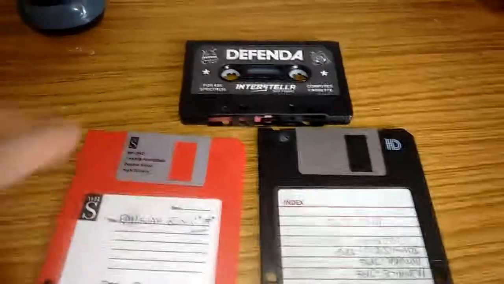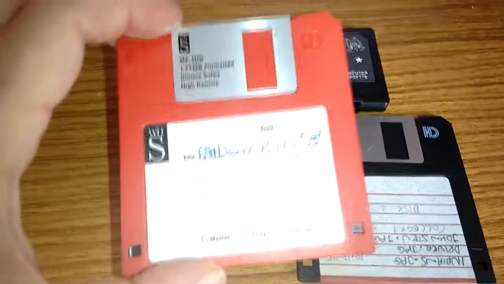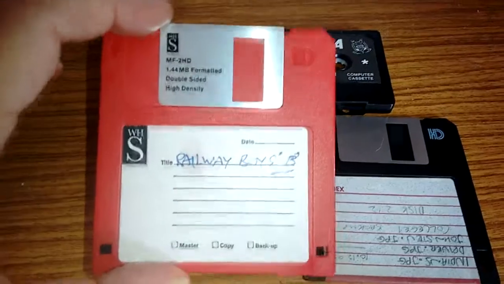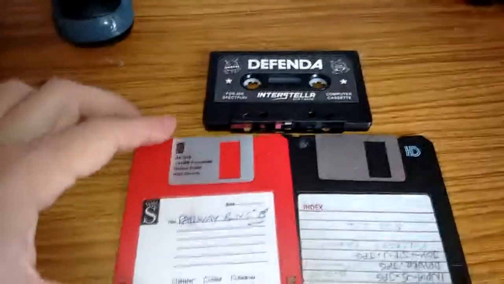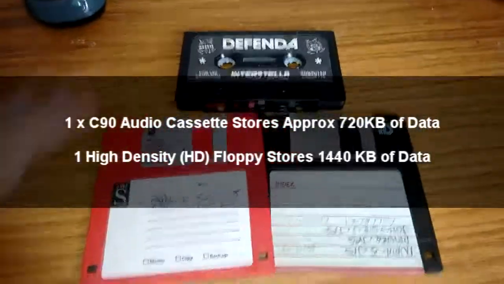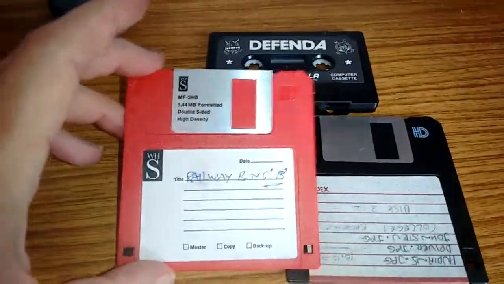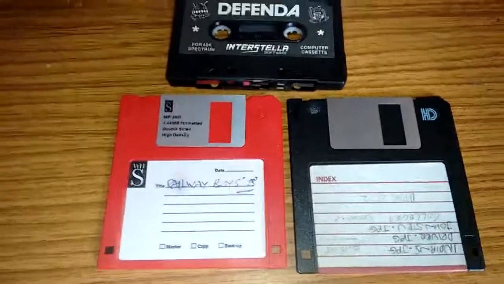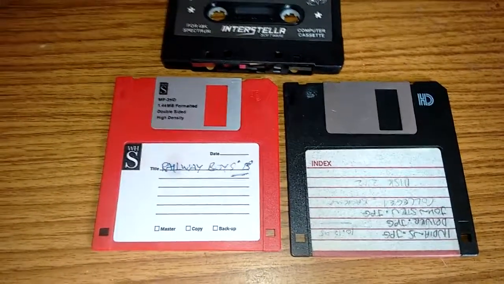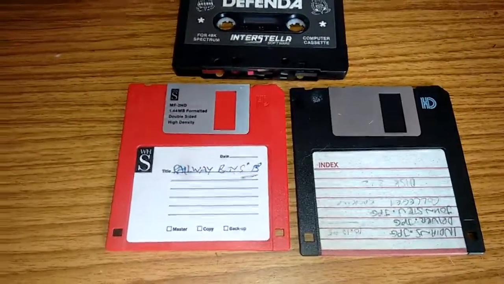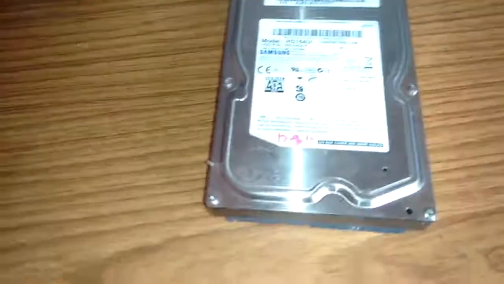So these would store as much information as two whole C90 cassettes about that time back in the 1980s. But floppy disks were initially very expensive. By the time they were falling out of usage, you could get packets for about £3 or £4, something like that, for a pack of 10. So they were quite cheap.